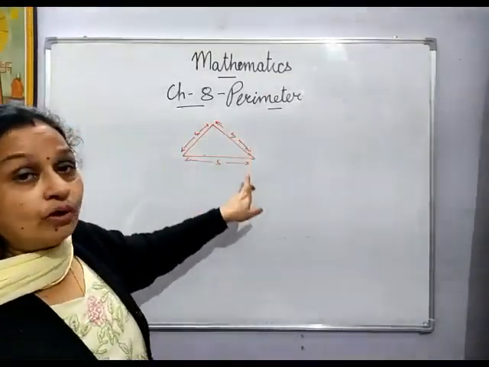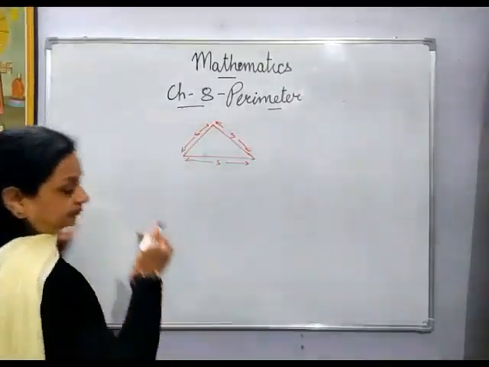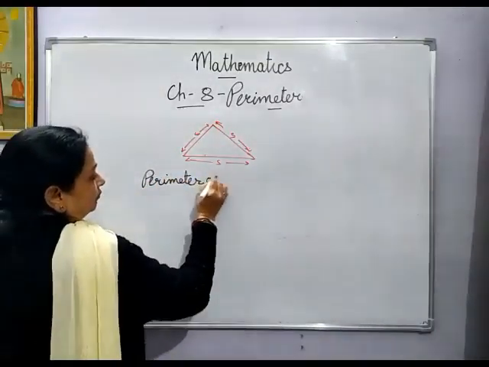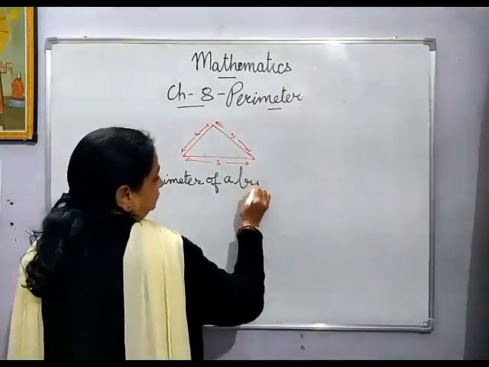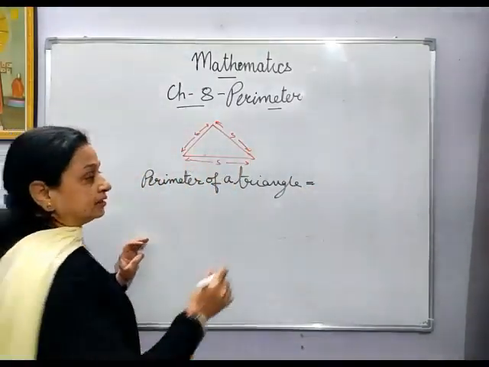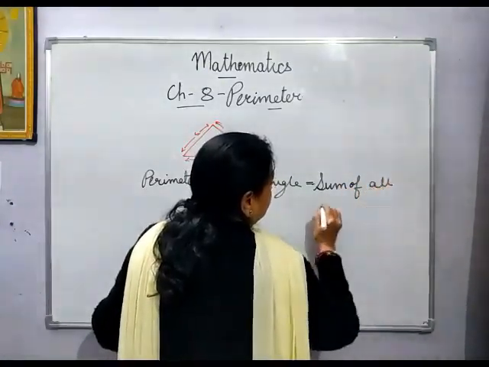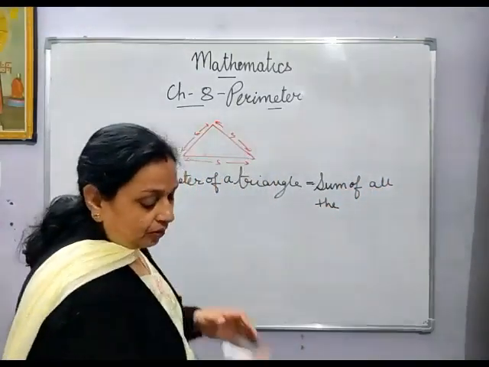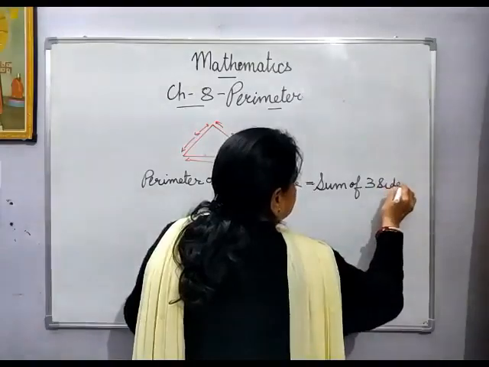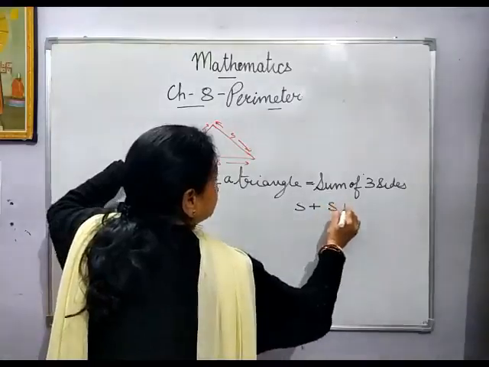It will be the length of all the 3 sides. So the perimeter of a triangle is equal to the sum of all the 3 sides. Sum means you will add them. So it will be S plus S plus S.